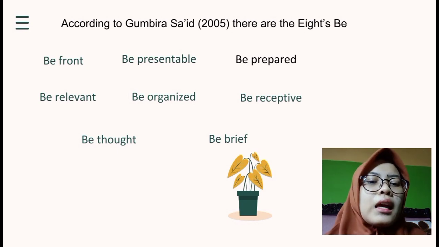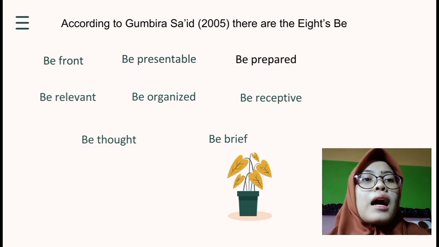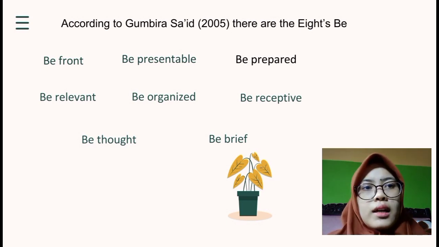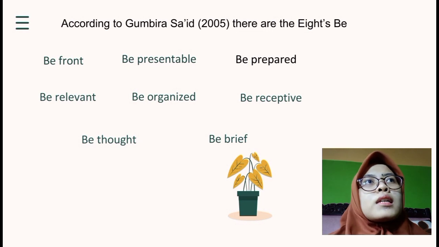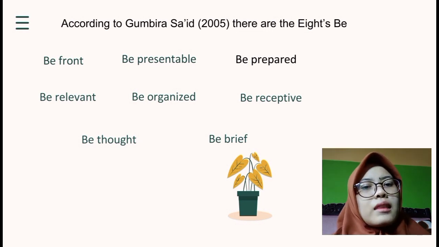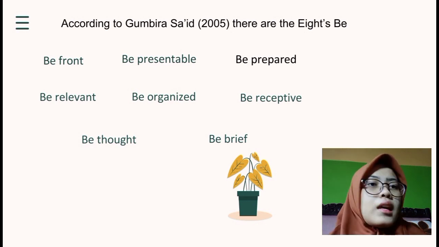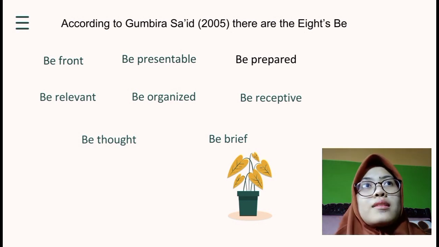It means that the presenter should come on time or do the presentation on time. Second, be presentable. It means that the presenter should present interesting and useful topics to the audience.